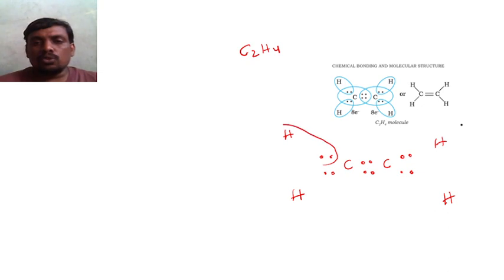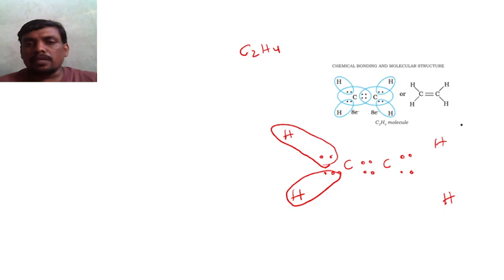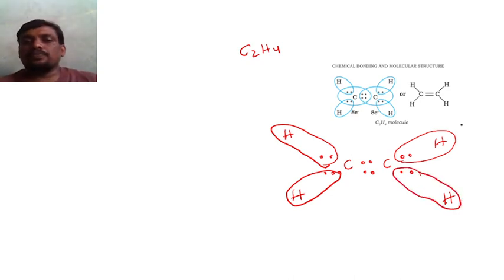In between these two valence electrons and the hydrogen atom, at the same time, in between these two valence electrons and the hydrogen atom. Finally, if you take the carbon, how it is going to be joined together.